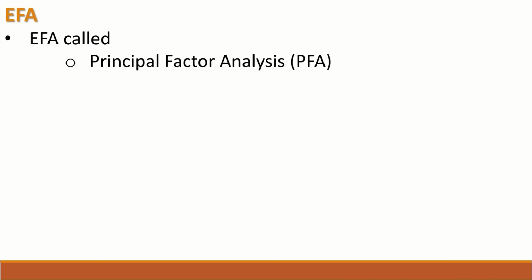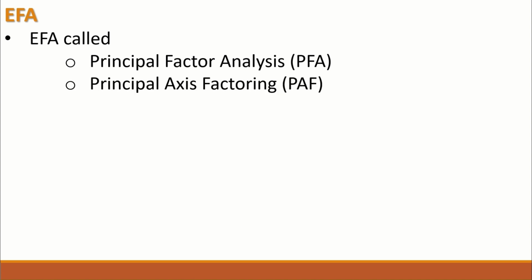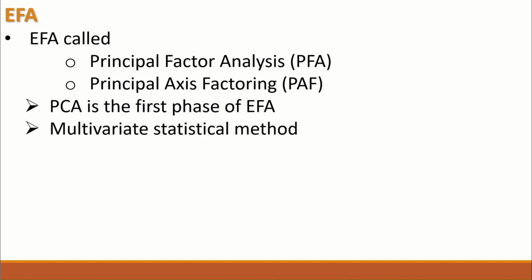EFA is also called principal factor analysis, PFA, or principal axis factoring, PAF. PCA is the first phase of EFA. So when you have data, the first step is to do principal component analysis. Then EFA can be done.